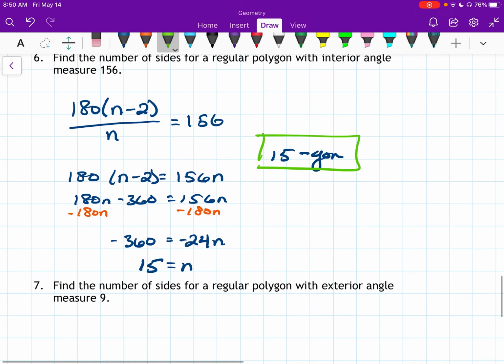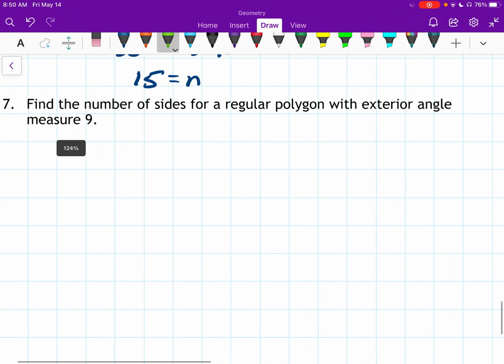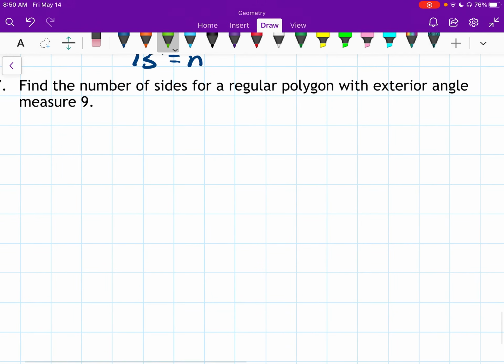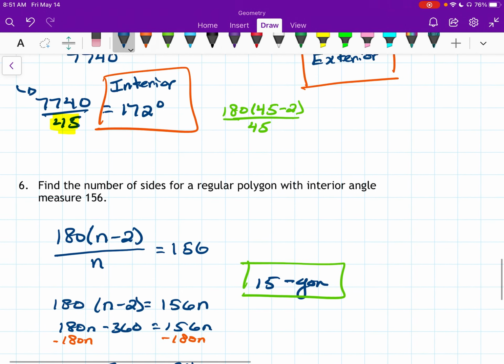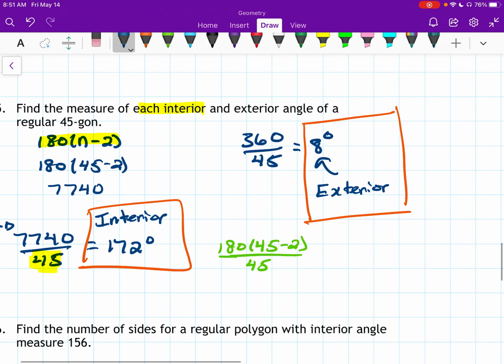All right. And number 7, find the number of sides for a regular polygon with exterior angle measure 9. So what this is saying is we take 360 divided by the number of sides, and we got 9. Right? Let's look back up at number 5 and see what we did here. Here, it was a 45-gon, and we divided by 45.